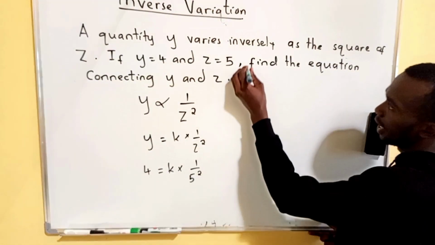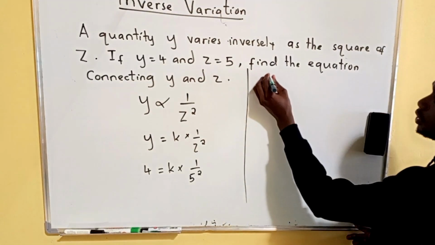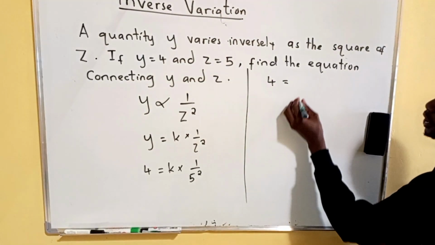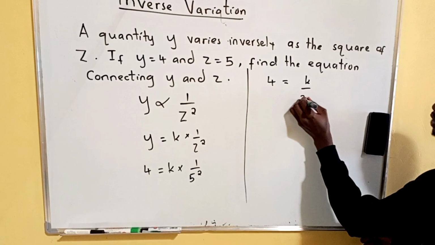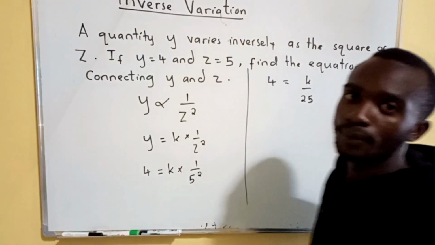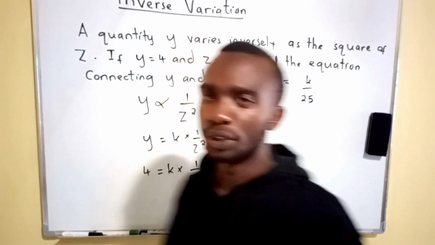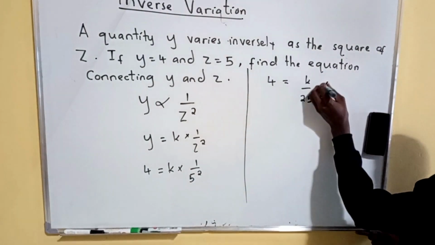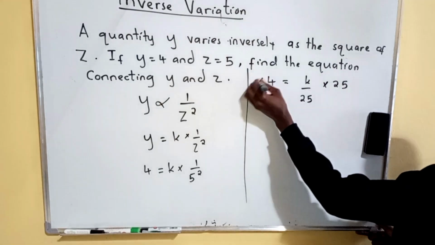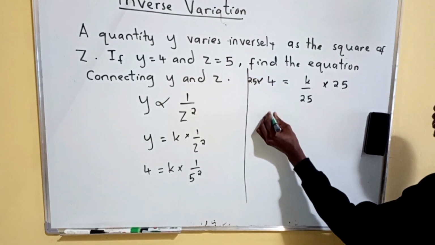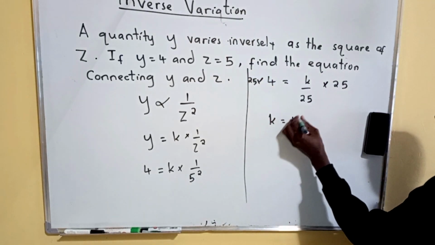So this is the same as 4 is equal to k all over 25. How do you find k? By multiplying both sides by 25. That is times 25 by 25. So the constant of proportionality k is equal to 100.